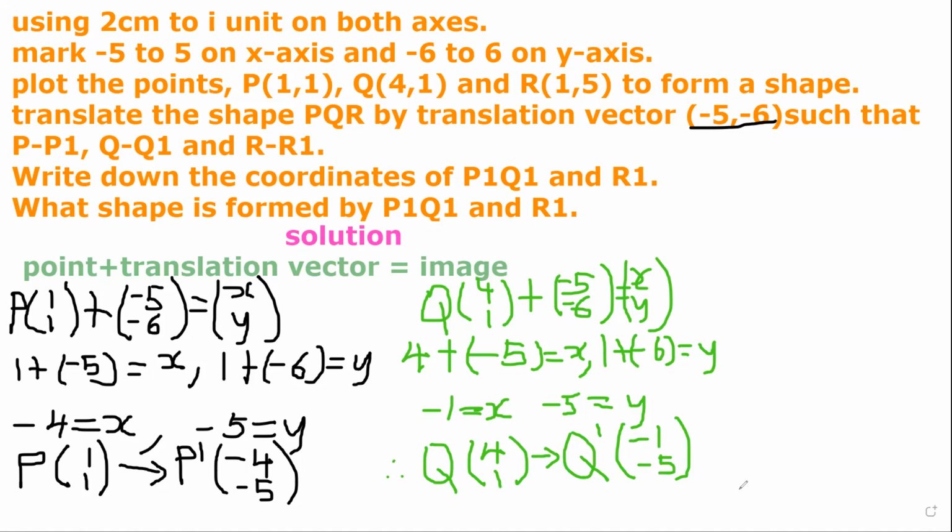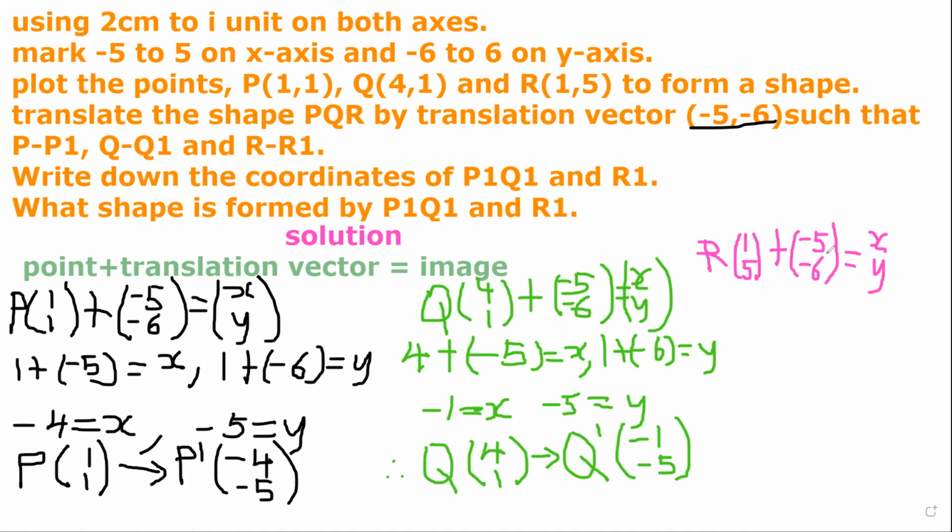Now going to solve point R. So the point R here is formed by 1 and 5 plus translation vector -5 and -6, which is equal to X and Y. Okay, that is the image.